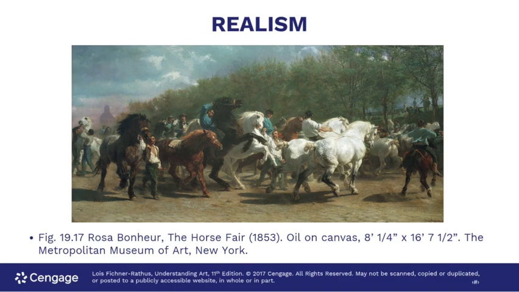So the painting we're looking at, The Horse Fair, is kind of a panoramic scene. We've got lots of action. We see a lot of movement around with the horses rearing. So she's clearly trying to depict animals in their natural state, just in terms of their movement and how they move around.